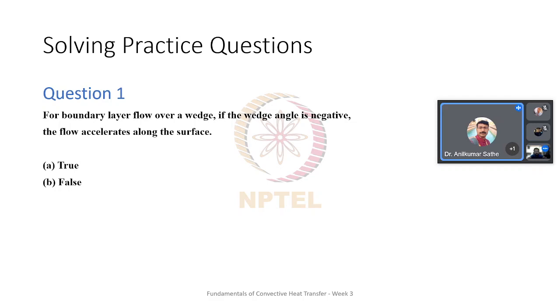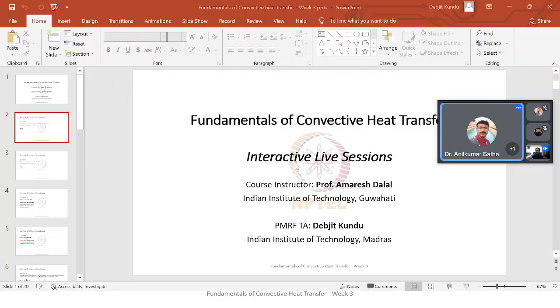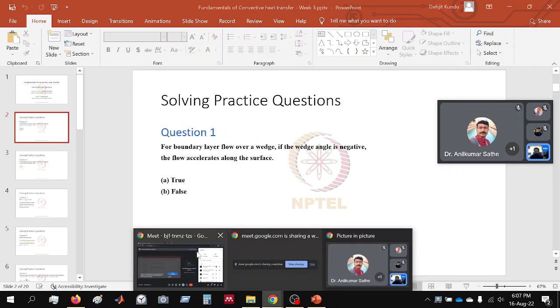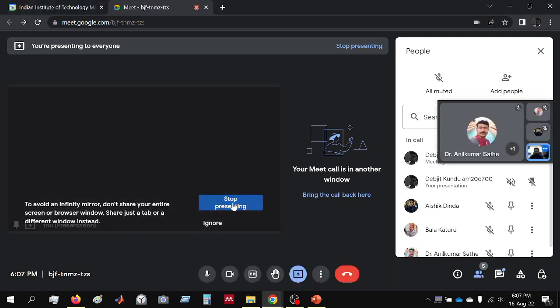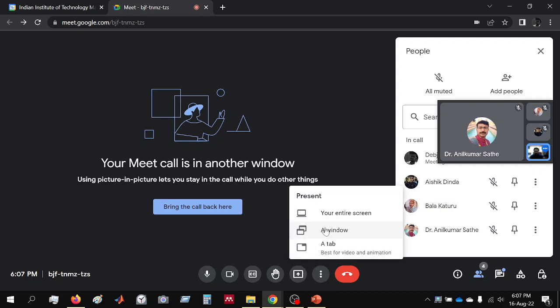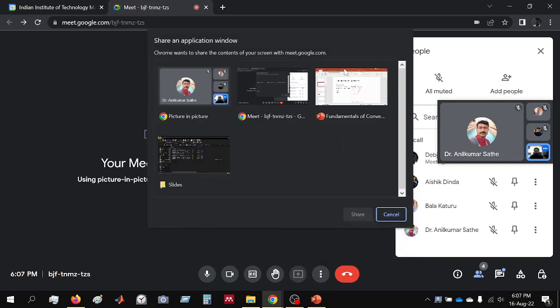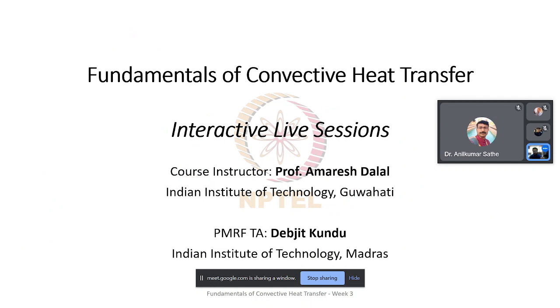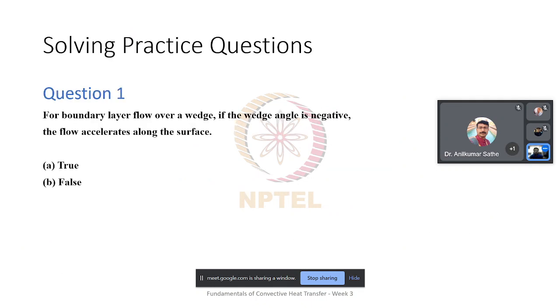slide is not visible. It's on first slide only. Visible? Oh, I'm so sorry. I checked it once anyway. I'm stopping and resharing once again. Okay, so what about now?